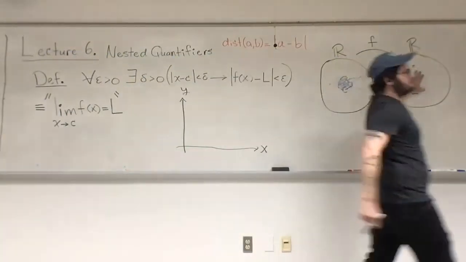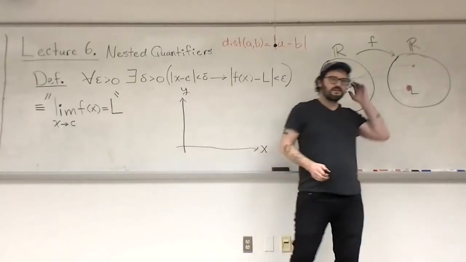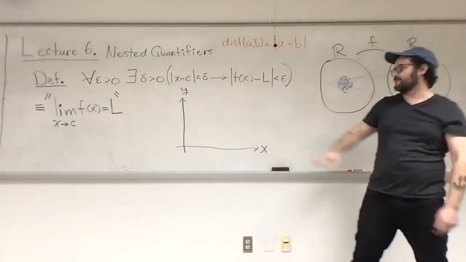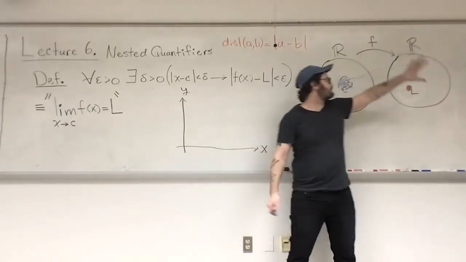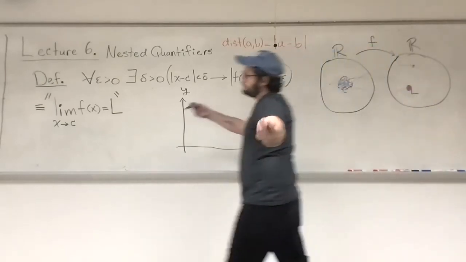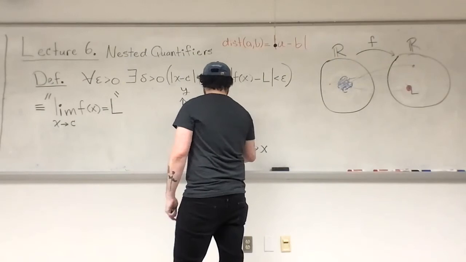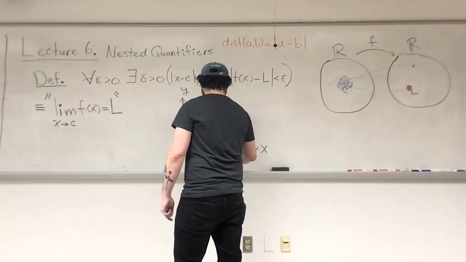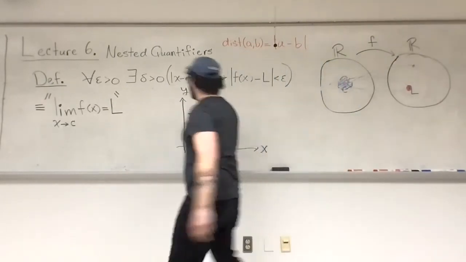All of these right here, they're this axis. And we visualize the pairs between them by putting points over here. But x-axis, y-axis, that's all it is. So let's assume that it's true for some function. Here's C, C's in this one, right? And then maybe L is right here.